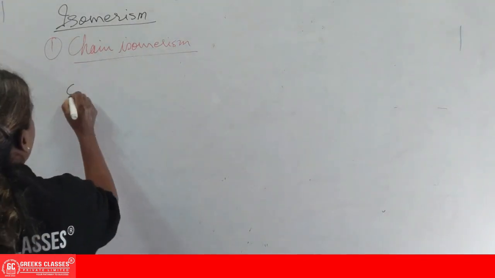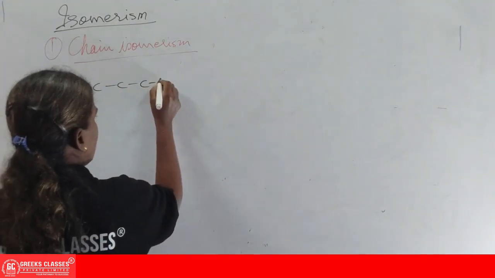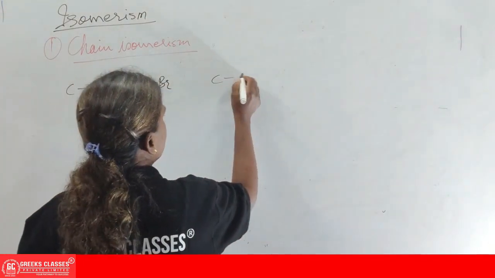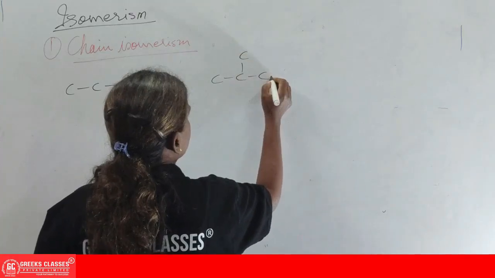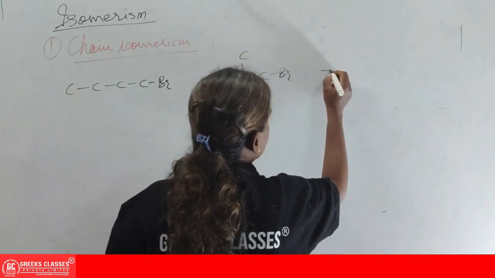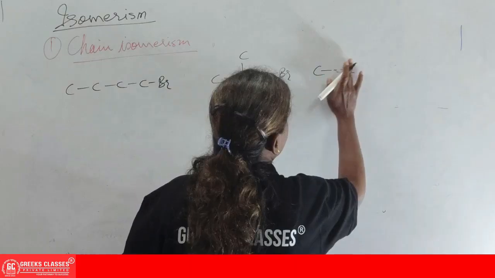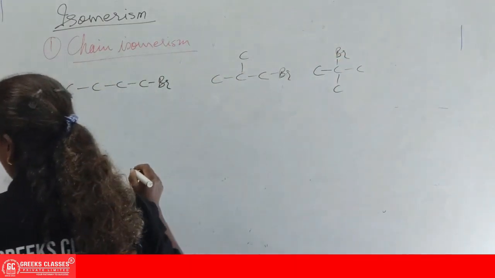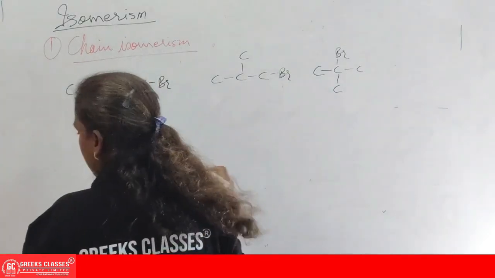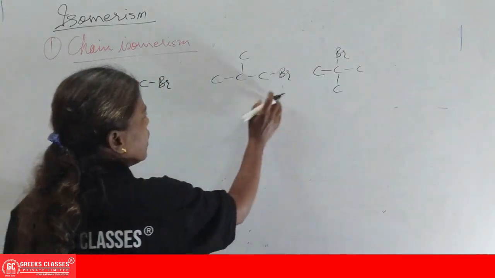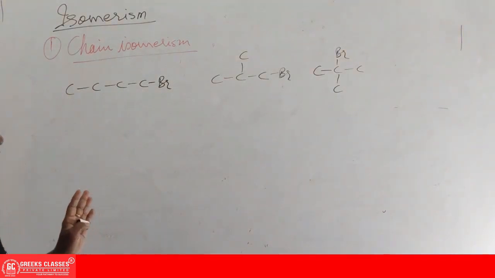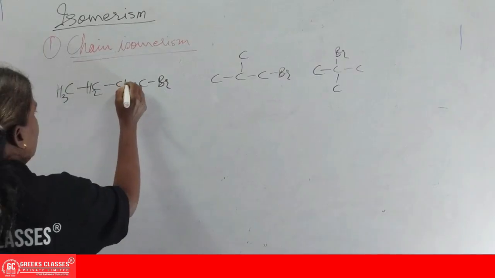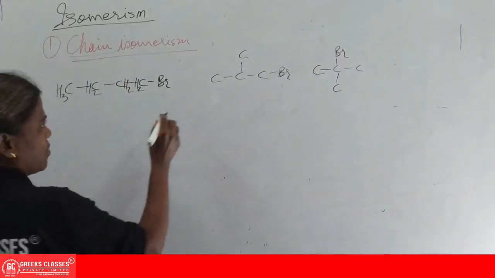For example, this is the straight chain where the bromine is attached, with 4 carbons, and these 4 carbons can also be arranged in this way, or in this way. So these are the different ways the carbons are arranged. That is why it is chain isomer. If the carbon arrangement is varying, then that is chain isomer.